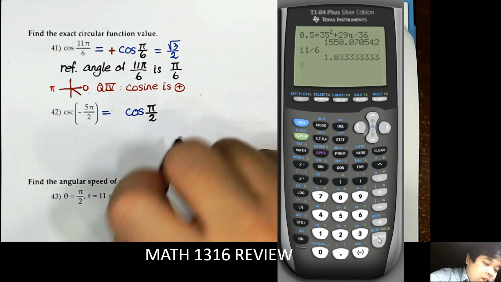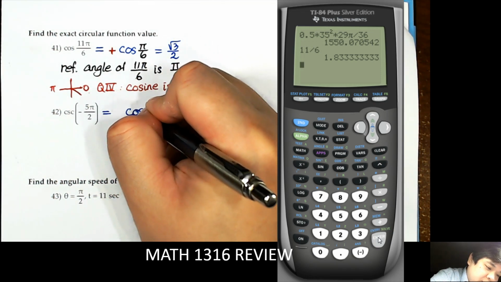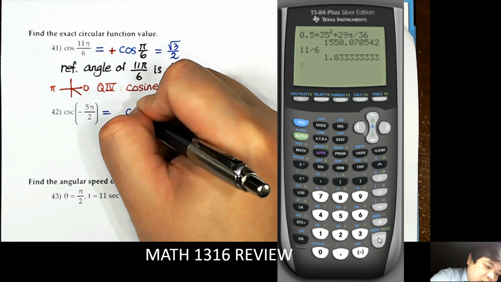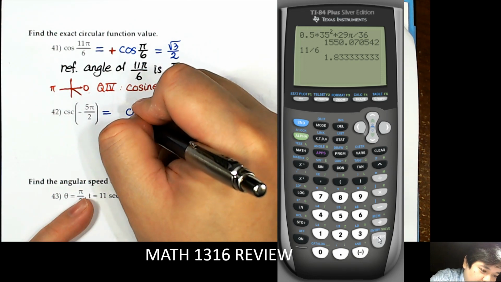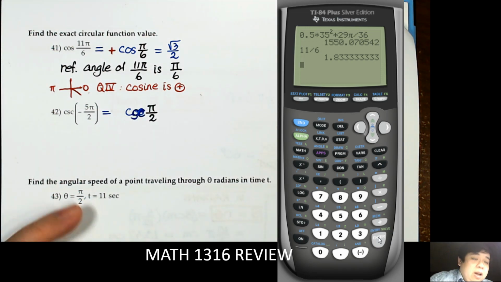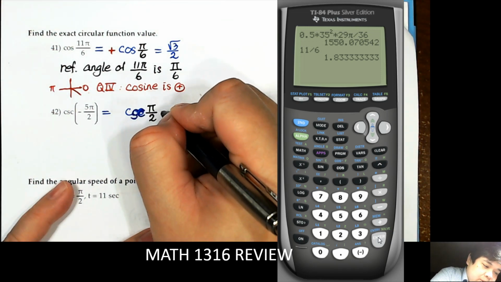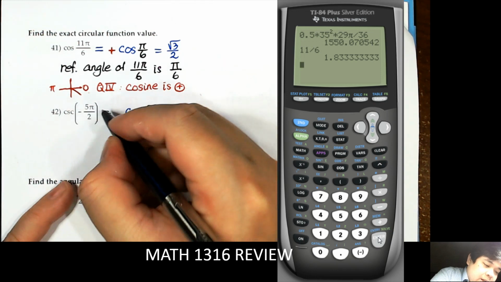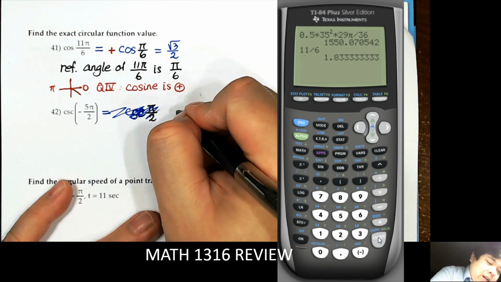By the way, that is cosecant, right? Not cosine, sorry. Yeah, we're going to do that later. Let's try this again.